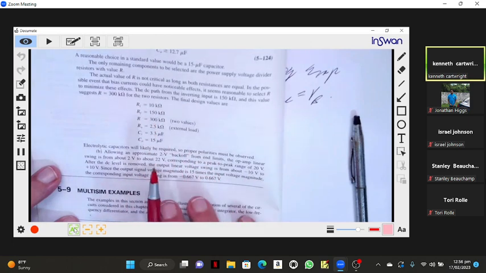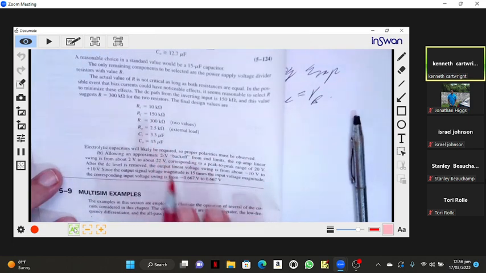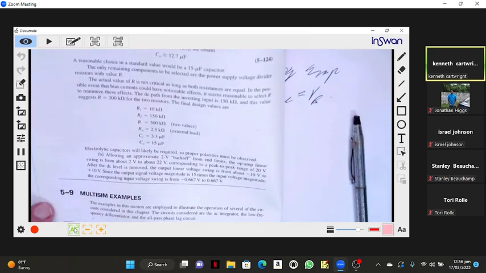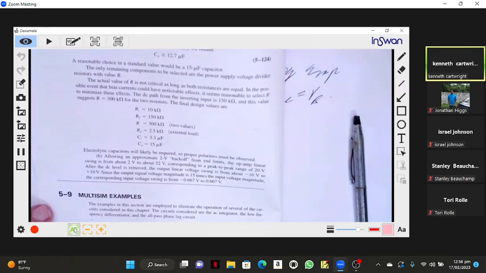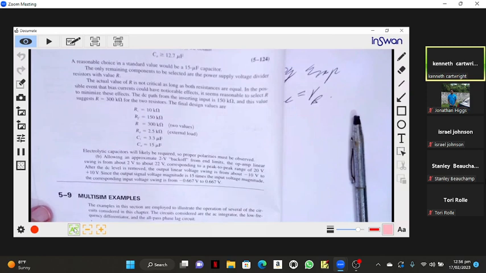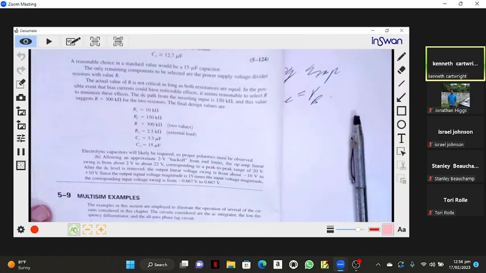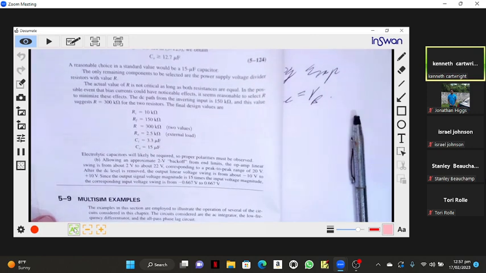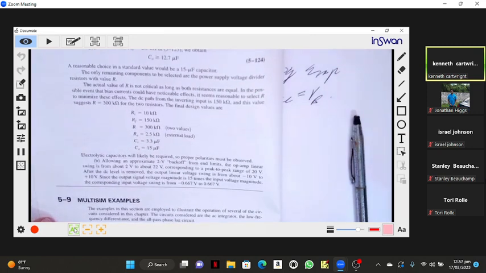And R is 2RF, so R is 300 kilo ohms. Any questions about that?